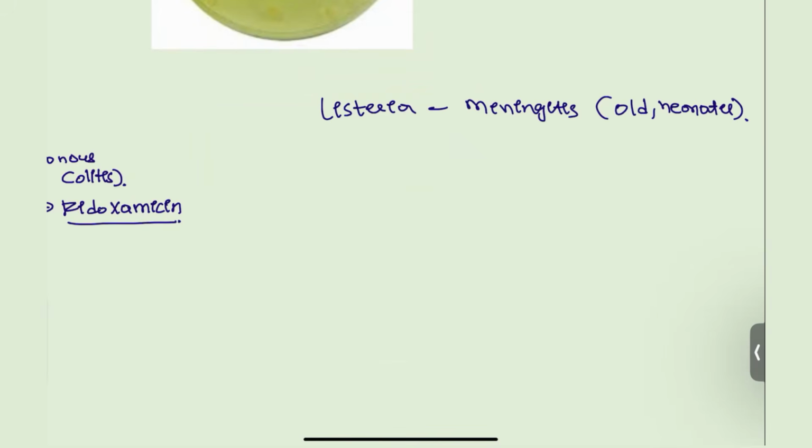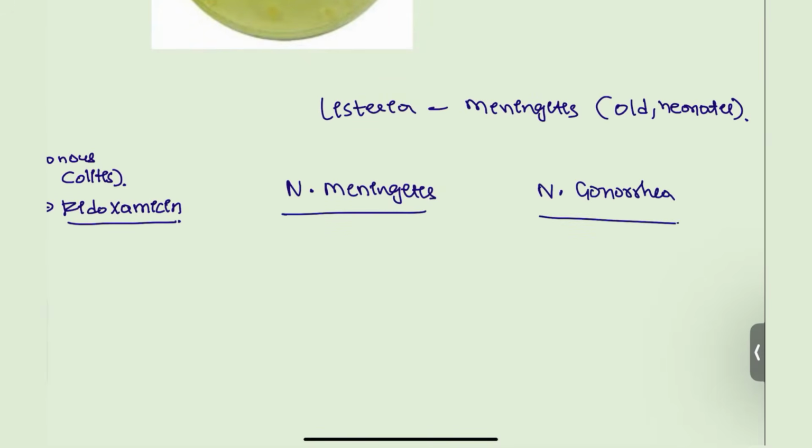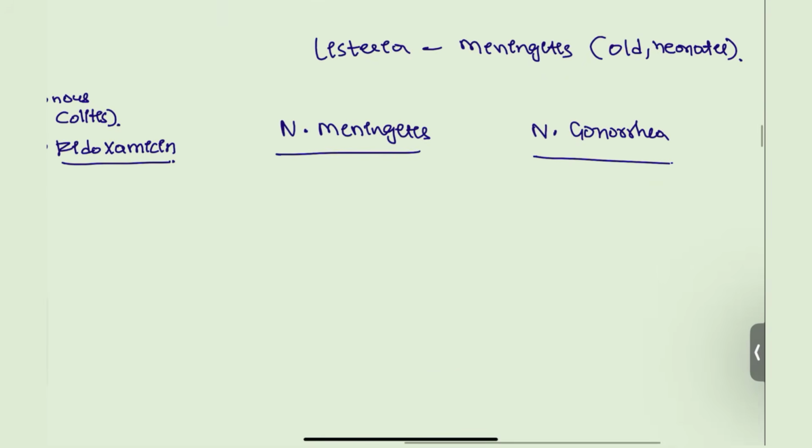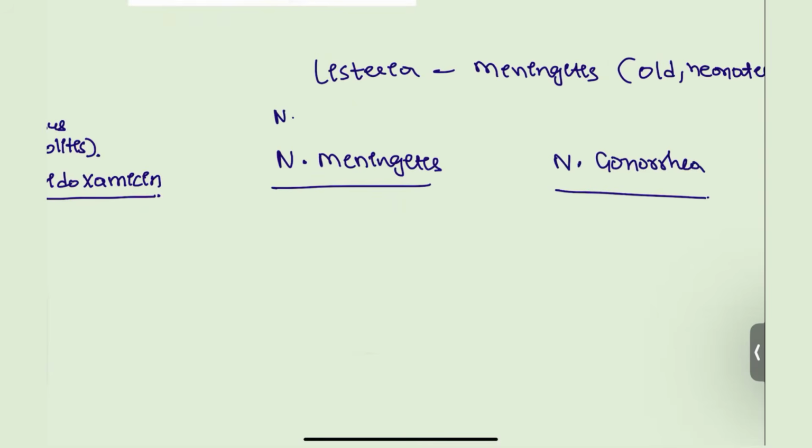And next one, Neisseria species. Neisseria meningitidis and Neisseria gonorrhoeae. So Neisseria species, how are they going to be positive, guys? They both are going to look the same only. Okay. First, Neisseria species will look like gram negative kidney-shaped, or we can say diplococci.